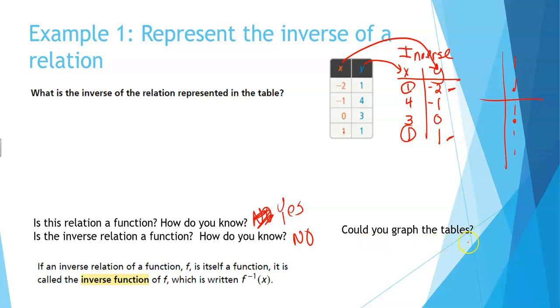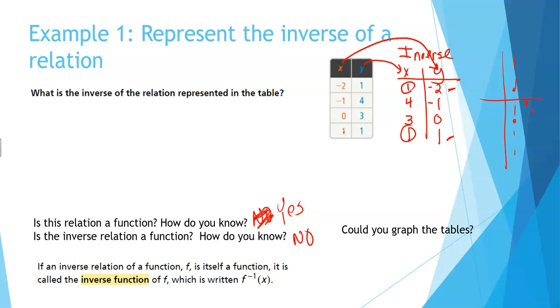And could you graph the tables? Sure, you could graph them. I didn't do all of the points here, but 4, -1 would look like this, and 3, 0 would look like that. But you can see from the one I did that the vertical line test does not work.